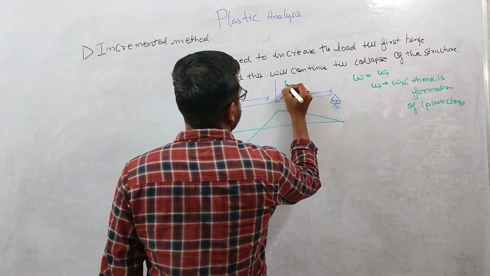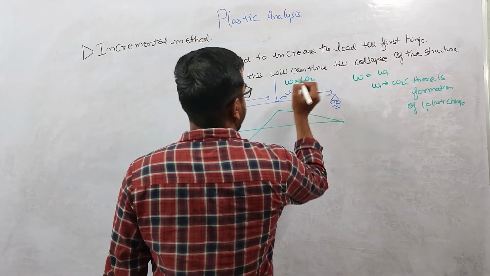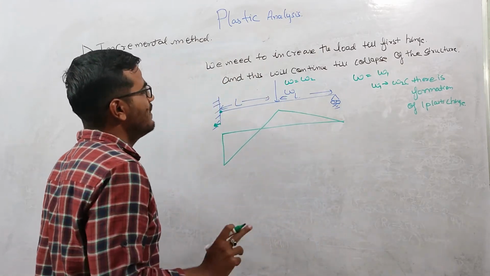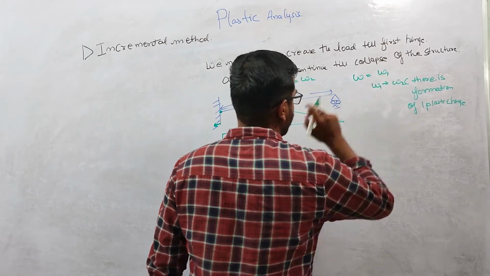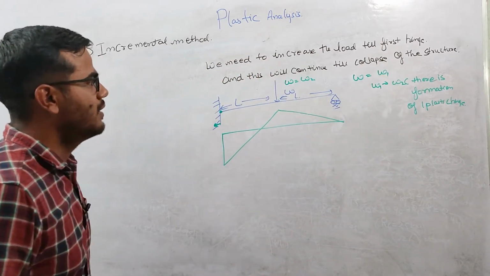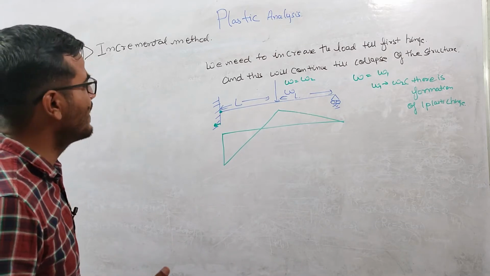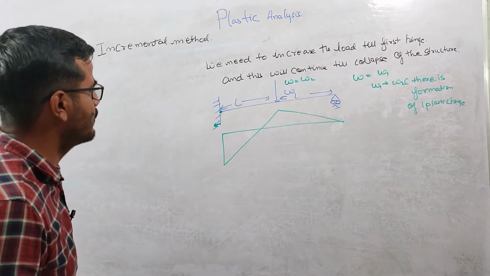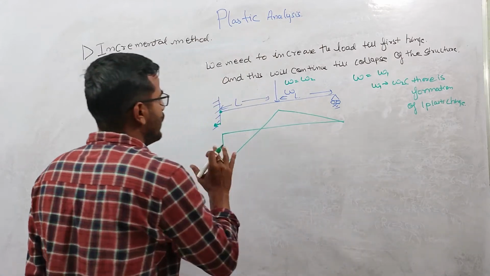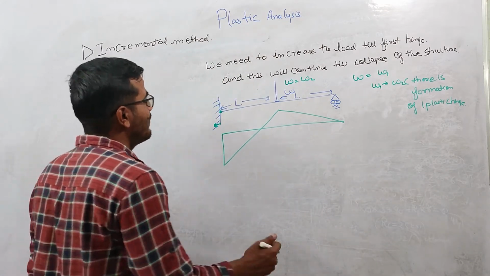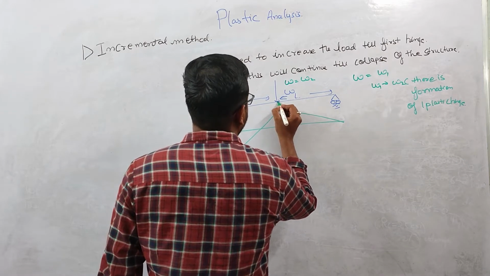The formation of a single plastic hinge will not result in the collapse of the structure. One more plastic hinge is needed for the collapse of this propped cantilever beam, and that will form under this load.